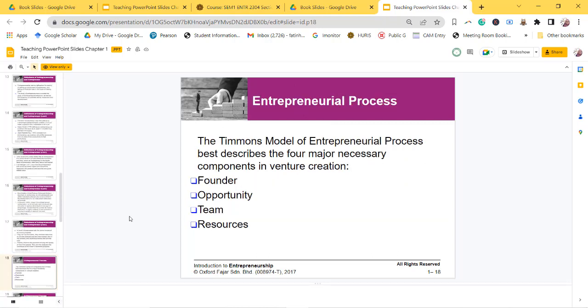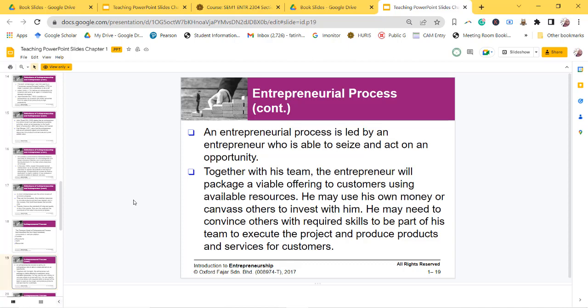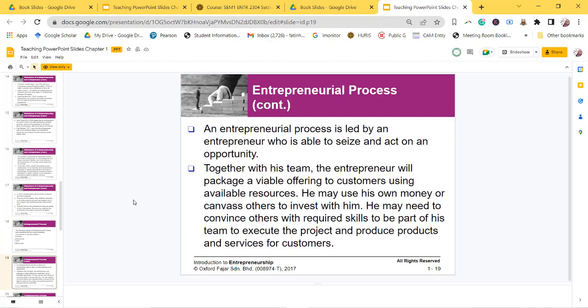So the entrepreneur process, we have founder, the one who come up with that product. Opportunity, you create opportunity for yourself and for your employees. You have team and you have also resources. Okay, so if you do not have a team, basically entrepreneur is actually quite slow lah.